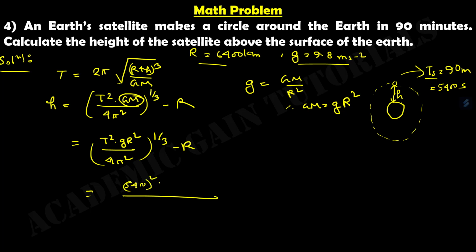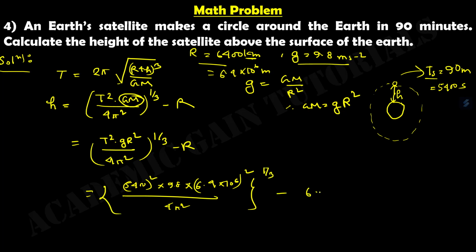Now if I put in all of these values, I will get 5400 second square into 9.8 into r. This r is in kilometer unit; if I convert it into SI unit, I get 6.4 into 10 to the power 6 meter. So it is 6.4 into 10 to the power 6 square, divided by 4 pi square, to the power 1/3, minus 6.4 into 10 to the power 6.